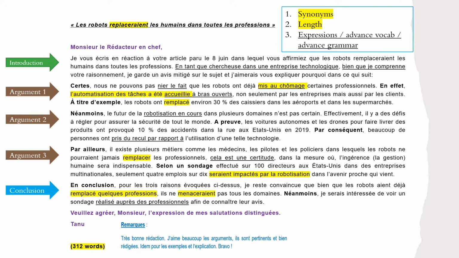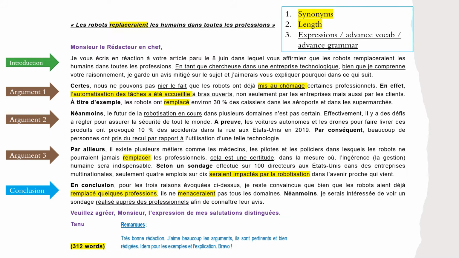Then the other thing is expressions, advanced vocabulary and grammar. For advanced grammar, I'm using the subjunctive, bien que je comprenne. Then for expressions, I'm using mis au chômage, accueillir à bras ouverts, and for advanced vocabulary, I'm using cela est une certitude.